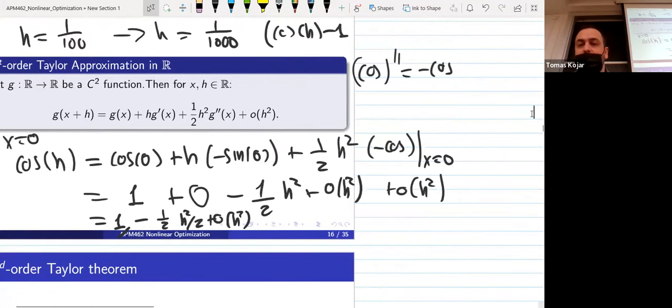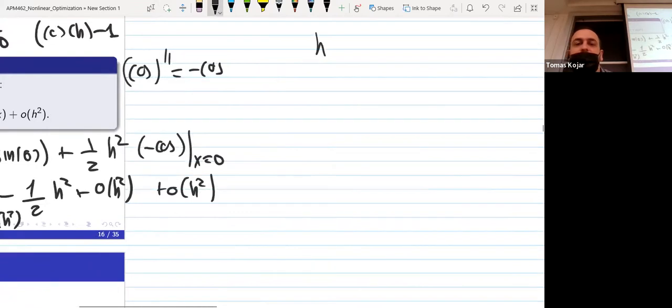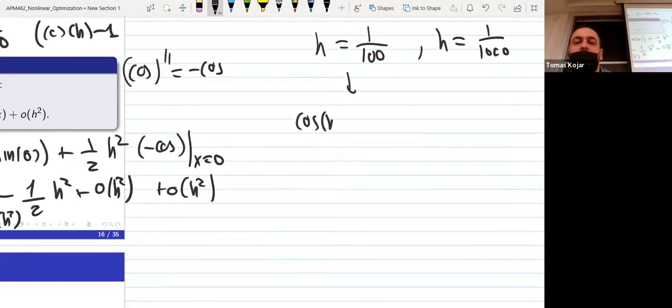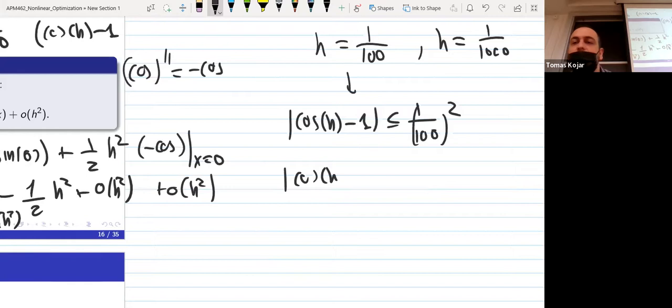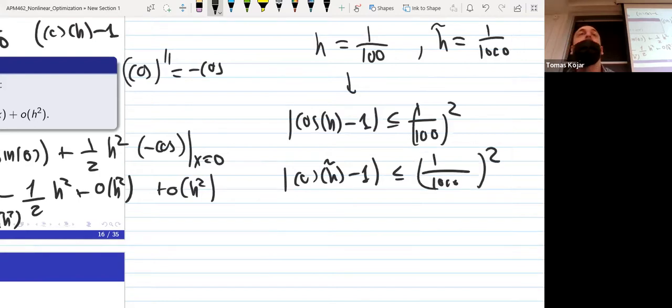Let me talk about it. Suppose you have h equal to 100 and h equal to 1,000. It says that cosine of h minus 1 will be less than 1 over 100 squared, and the same for h tilde will be less than 1 over 1,000 squared. So every progress you make towards 0, you go even faster, quadratically fast.